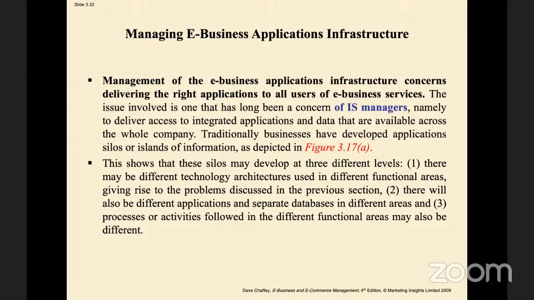Number 1, there may be different technology architectures used in different functional areas, giving rise to the problems discussed in the previous section. Number 2, there will also be different applications and separate databases in different areas. And number 3, the processes or activities followed in different functional areas may also be different.